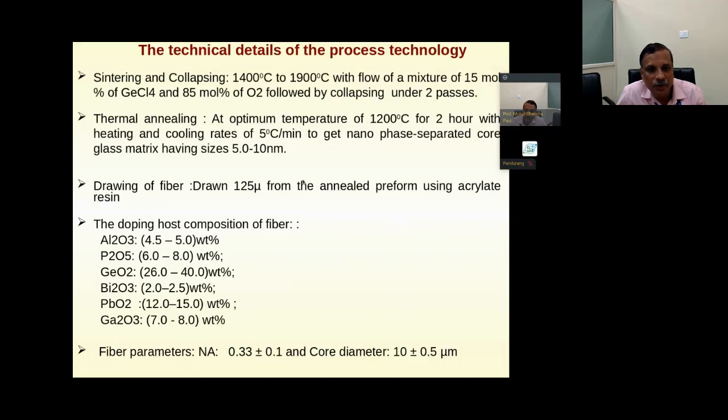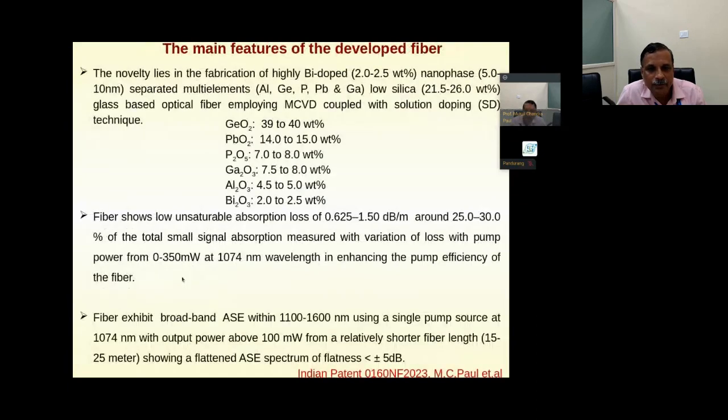From this annealed preform we draw the fiber, and by this process we are able to make low silica content glass based fiber, where the silica content is around 20 to 25 weight percent. This is patented, and we have shown that this kind of fiber also gives low unsaturable loss, 0.6 to 1.5 dB per meter, which is around 25 to 30 percent of the total signal absorption.